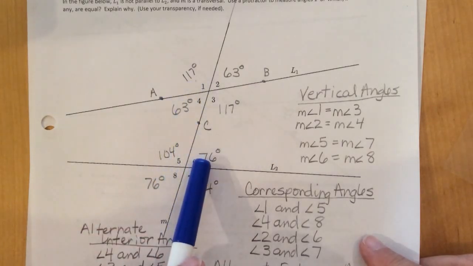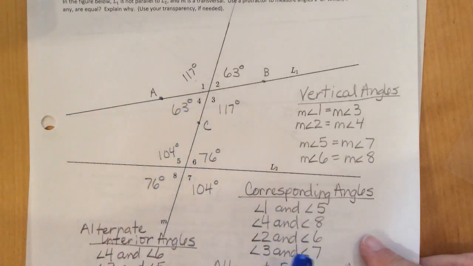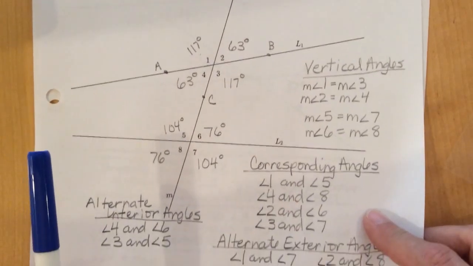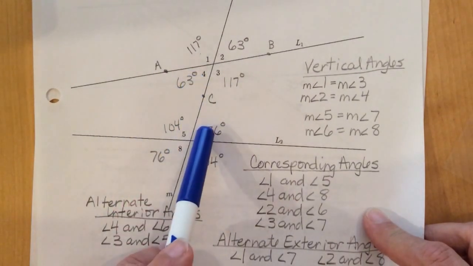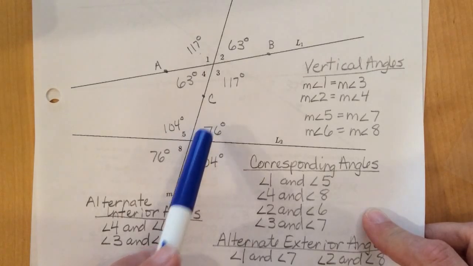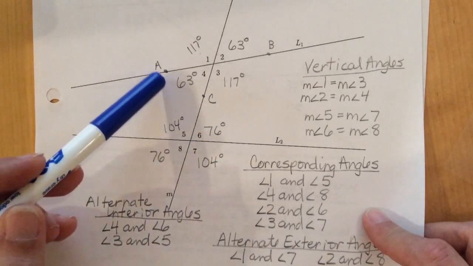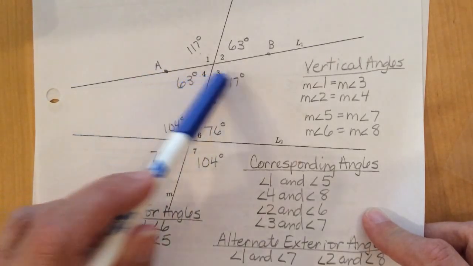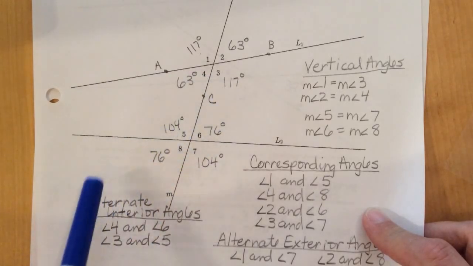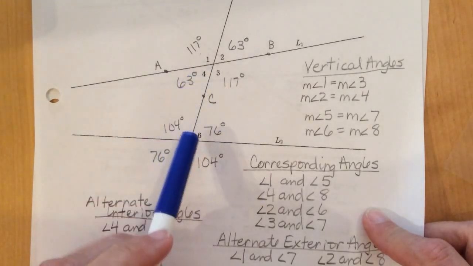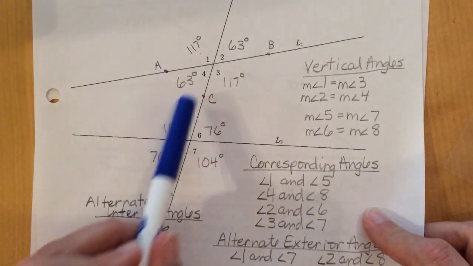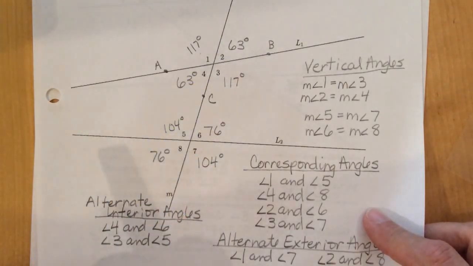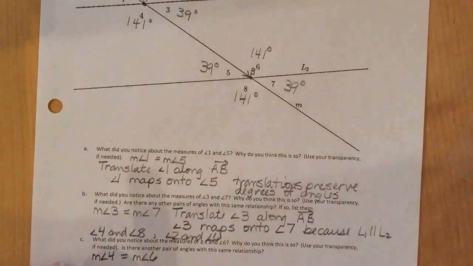But 4 and 6 are not. So 4 and 6 fall under a different category, and we said those were alternate interior angles because they're interior, because they're on the inside of the parallel lines. They're in this middle area. And they're alternate because they're on either side of the line that's going through, line M, the transversal. So 4 and 6 are alternate interior angles.